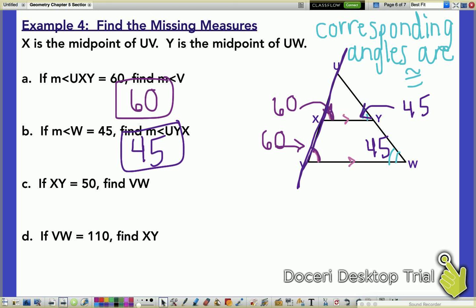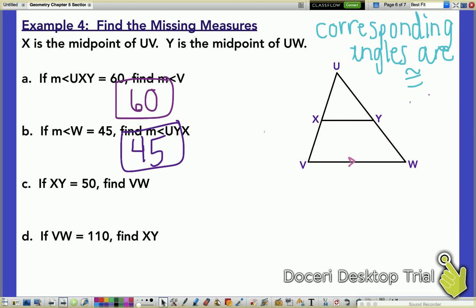Okay, let's erase that. And look at, so if XY is 50, what is the base? I know XY is half of VW.